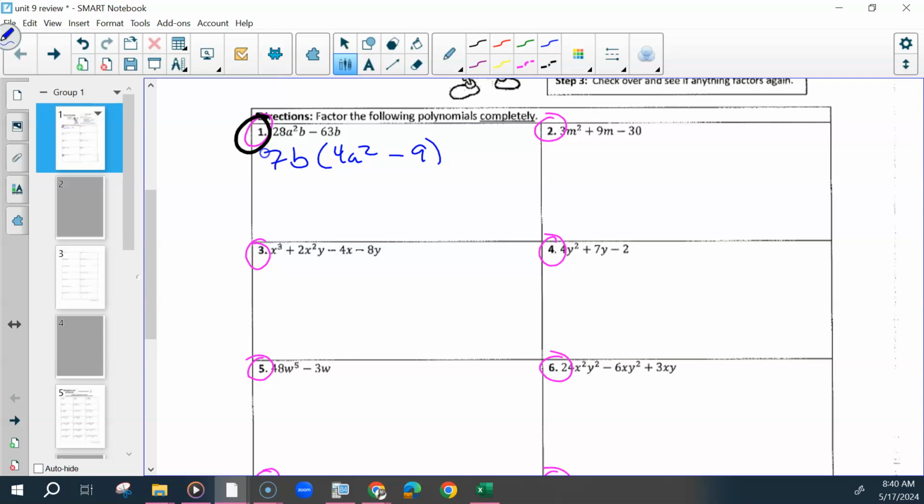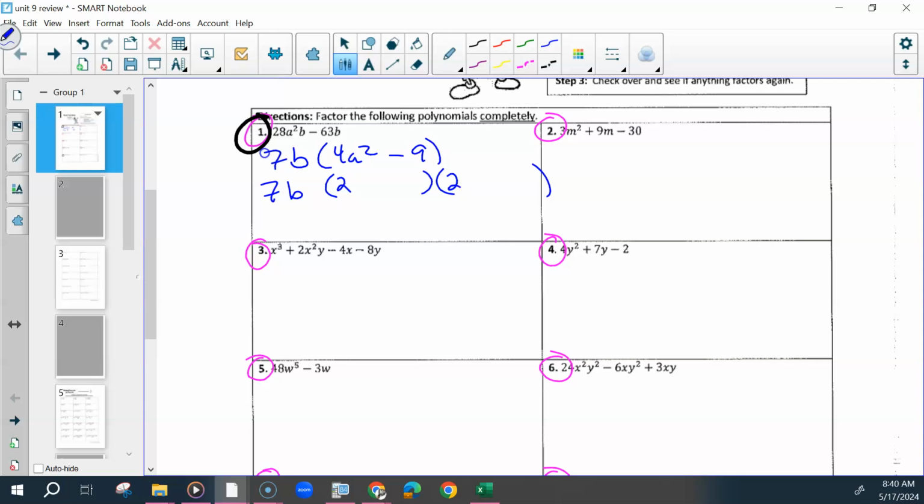No, not GCF. Are these perfect squares? Yes, so you could use difference of squares. So keep bringing down your GCF. Split this into two factors. Focus. You're looking for what times what would give you 4? 2.